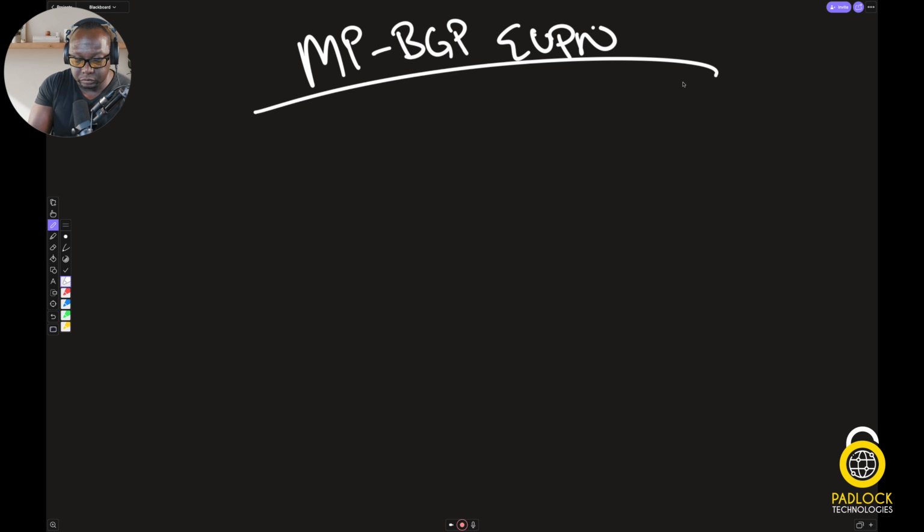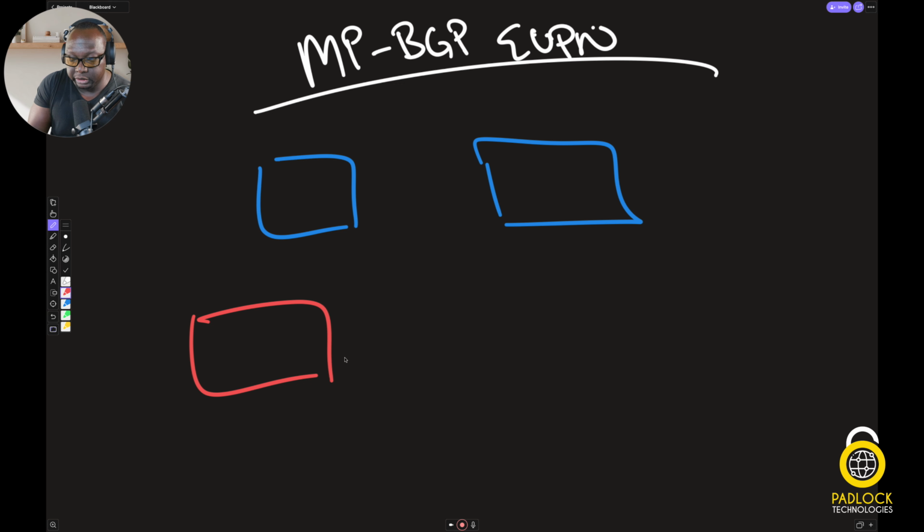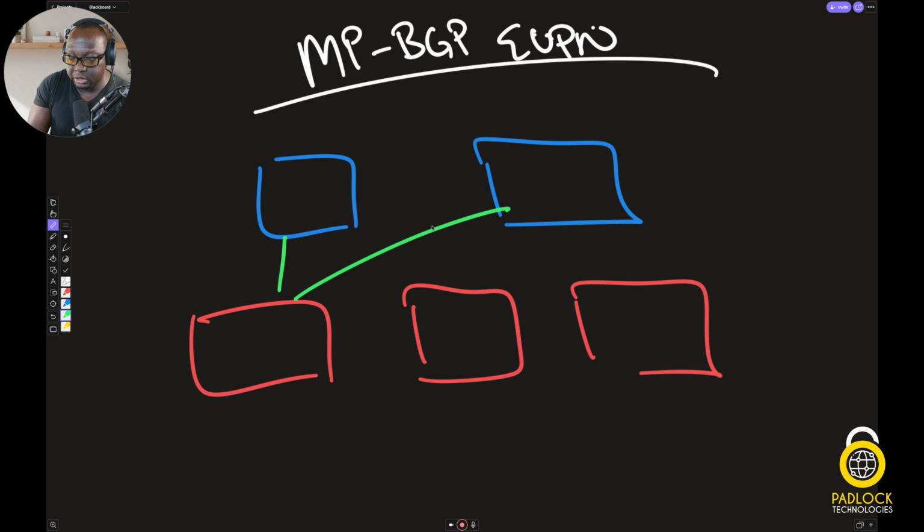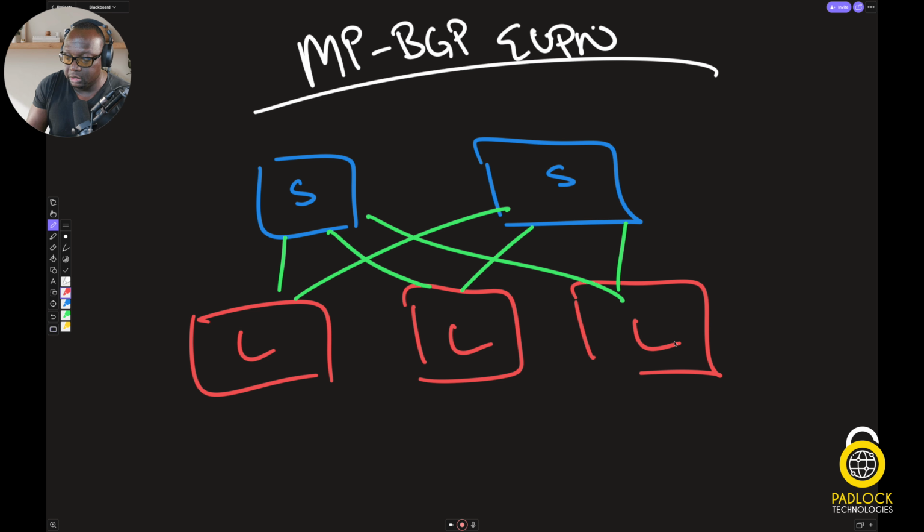So the first thing we're going to talk about is the cross fabric. So what's the cross fabric? Basically, a cross fabric is a spine-leaf topology, right? And everybody's connected to everybody here, right? Spine is connected to leaves, leaves connected to spine. All right.